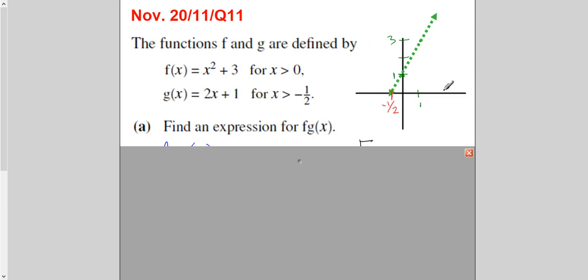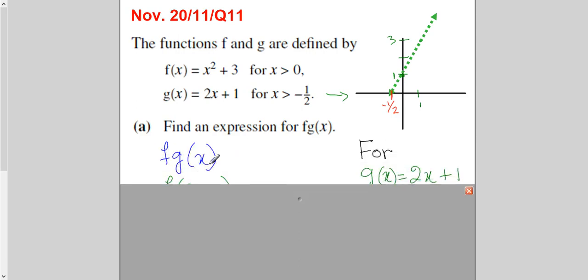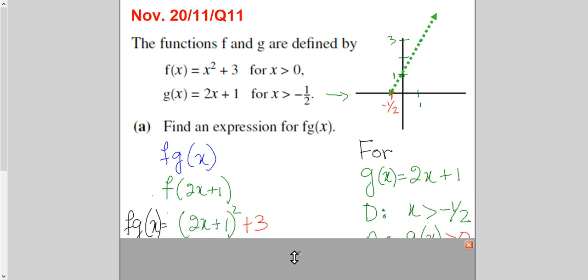By the way, I have put this diagram up here to show the range of function g, and I'll tell you why. First of all, the expression. Function g is 2x plus 1, and this function will go into function f in place of x. This is the meaning of a composite function.